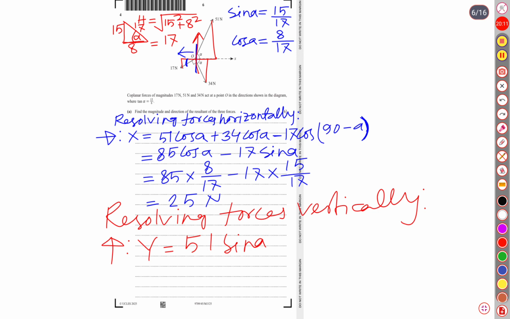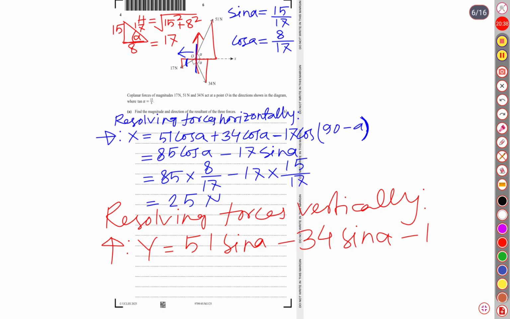The rest of the forces are acting downward, so there will be subtraction, minus. For the second triangle, it is minus 34 sine alpha. The magnitude was 34. Then another one is also lying below the reference frame, so this is negative.